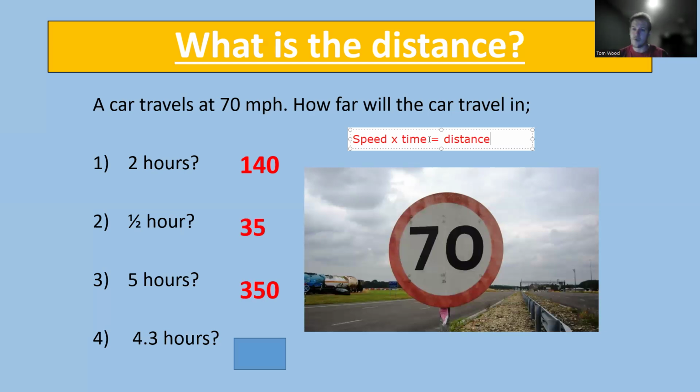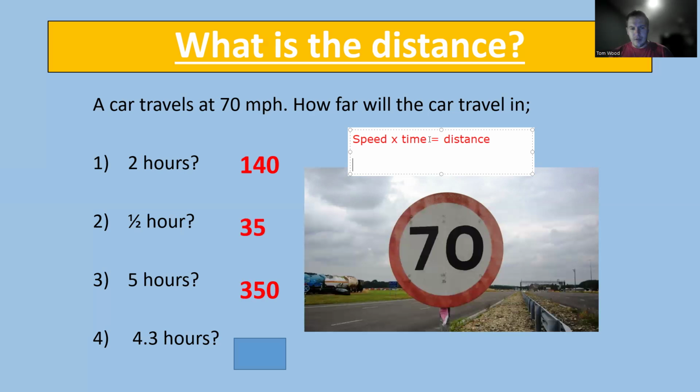So we've derived our formula here, and we're going to expand on this a little bit in our next slide, because we need to know all the different variations of this, okay? But I will build on this a little bit more in the next slide. Now, the only one that is a little bit interesting here is this 4.3 hours. Everyone's got this one correct in the group, but this is one of the things I wanted to highlight in terms of why some people can have a little bit of a problem with this.